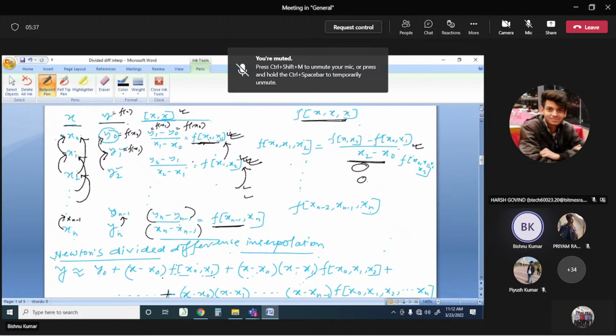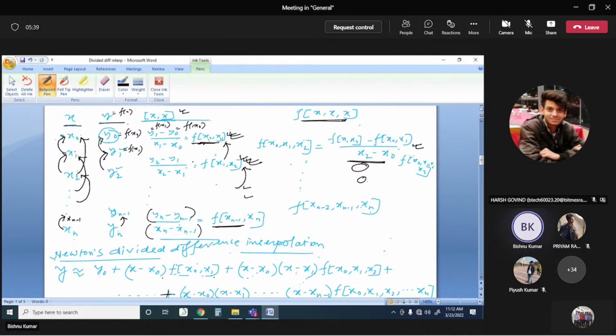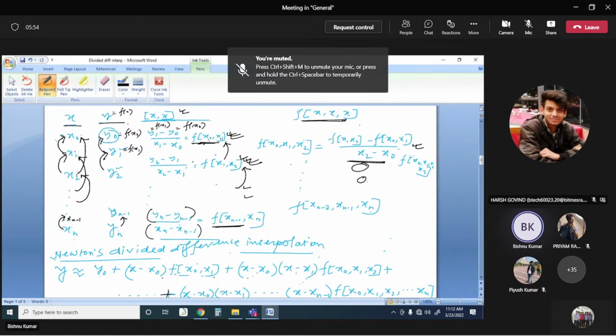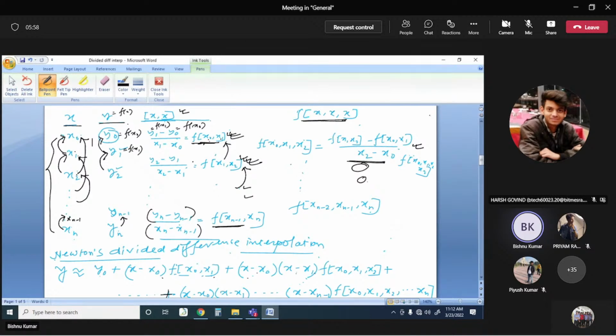The logic looks like the forward difference table, but here in the denominator you have to divide by some argument difference. Otherwise, it looks like the forward difference table. After completing it this way, with respect to n plus 1 points, you are able to calculate up to the nth difference.